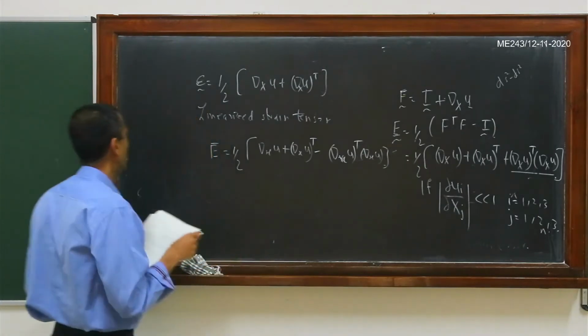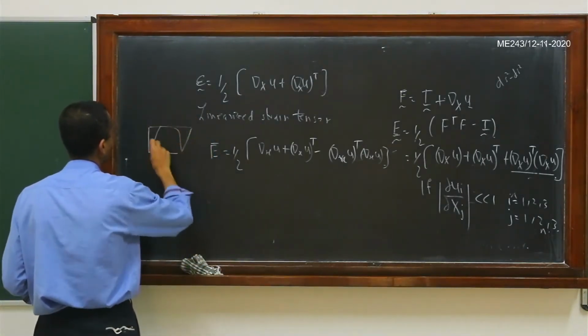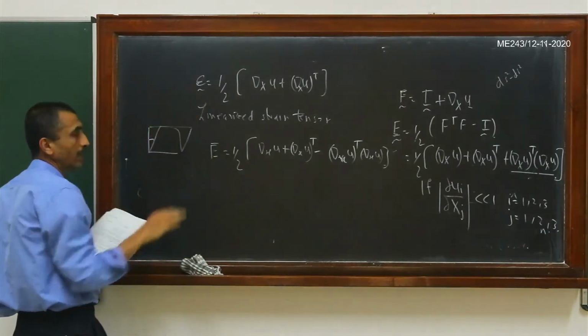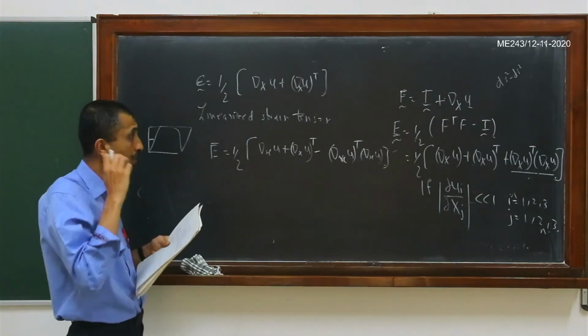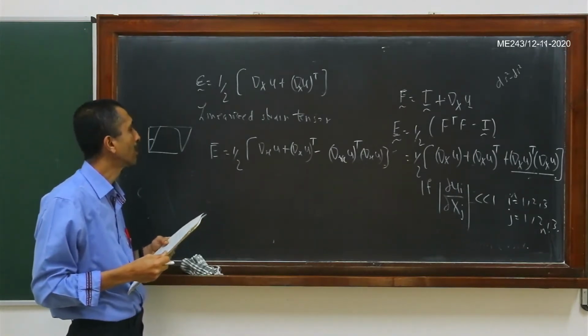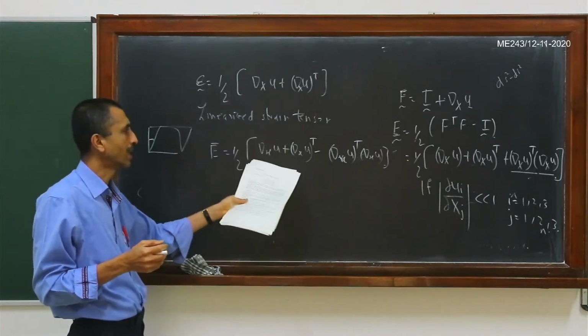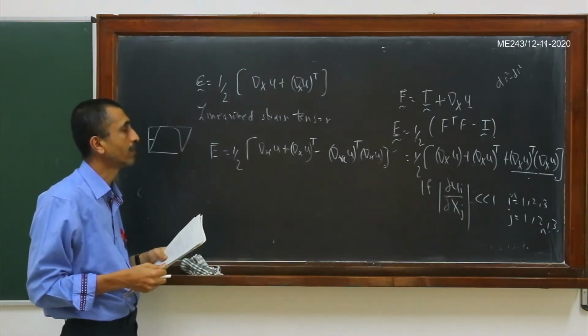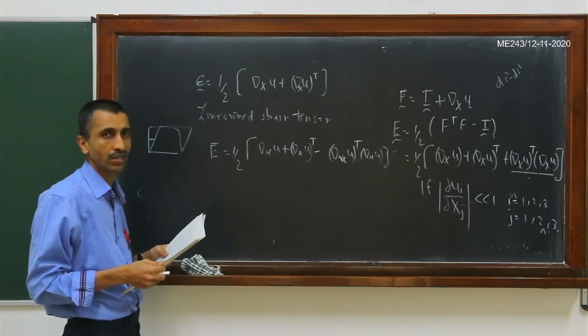Suppose you have a block and you are shearing it, then this change in angle you can relate to the shear strain component. So it is somewhat easy to give physical interpretation to the linearized strain tensor, but to give a similar interpretation for the nonlinear strain is not so trivial.